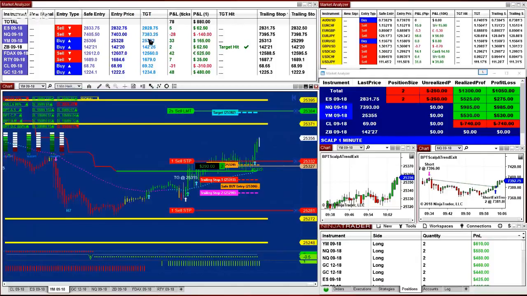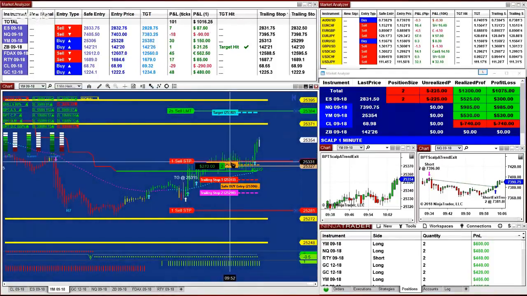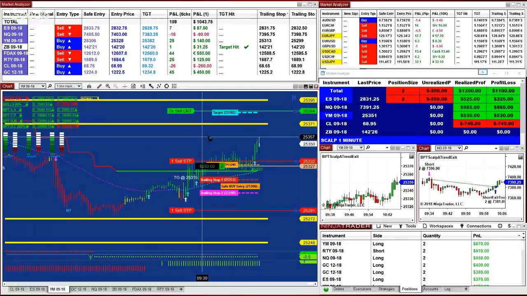I personally like to get my fingers involved with the trade. I prefer to take the ATM strategy. But for the ones who don't want to touch the market, they are very welcome to use the fully automated. You don't have to do anything. But for me, I like the advantage to move my stop loss and move my targets.